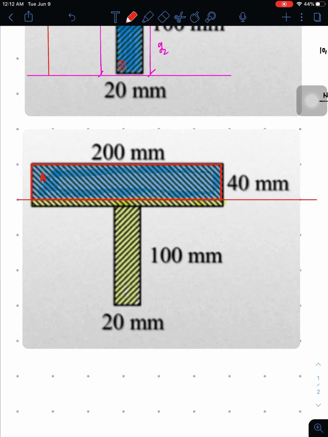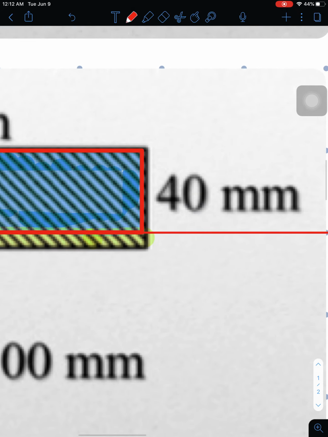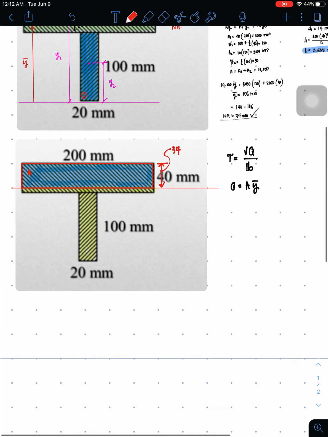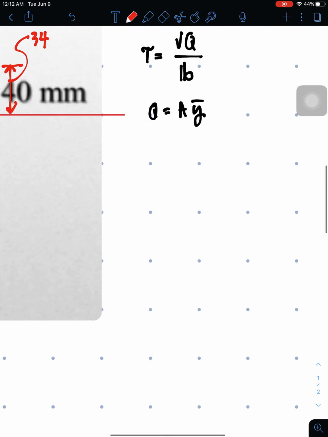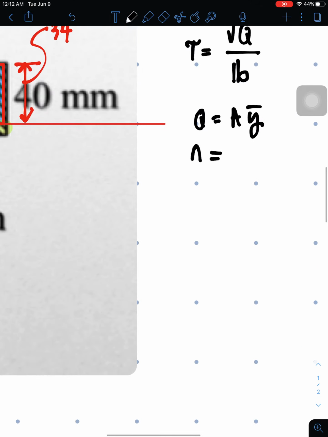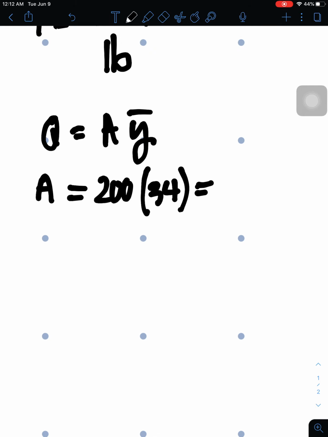So that's the area we will consider. So what is that area? Remember that the distance is not 40 but 34. So the area is going to be 200 as the base and the height as 34. That's the area. So 200 times 34, it's 6,800.